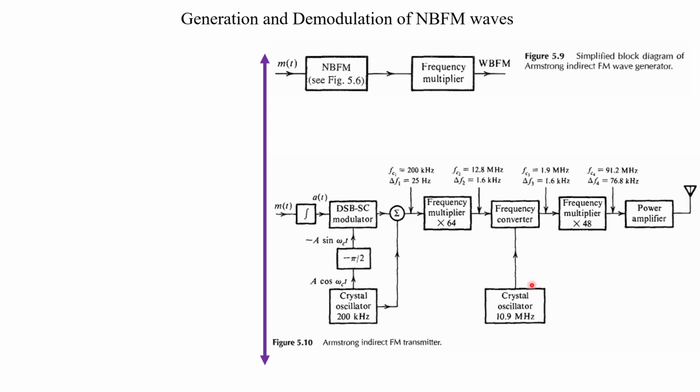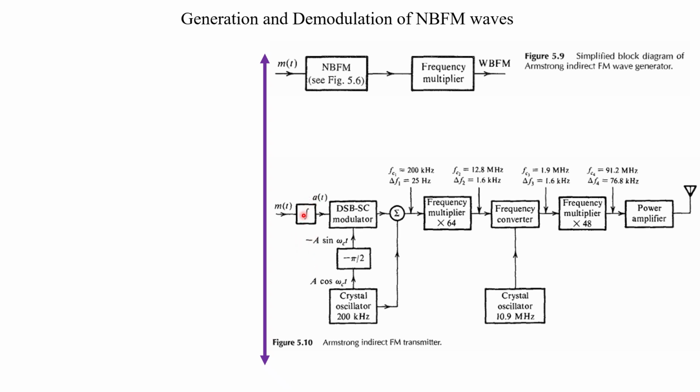Now how can we generate the signals? This is the brief block diagram that has been given by Armstrong. The first one is the direct and here is the indirect. Here is your message signal, that is m of t, and integration of your m of t means we are going to use frequency modulation.